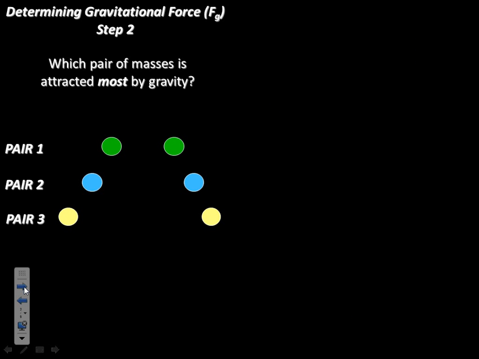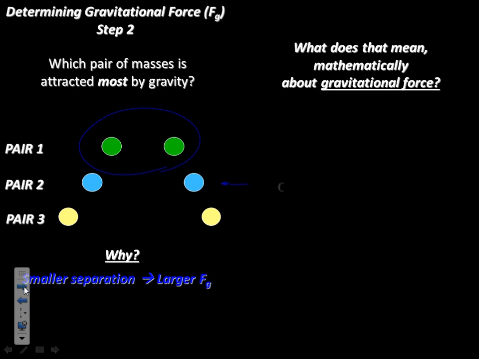All these have the same mass, but different separation. So the question is, which pair or which object feels the greatest gravitational force? Well, clearly it's not the one in the middle, right? The closer things are, the greater the gravitational force they experience. So smaller separation, bigger gravitational force.